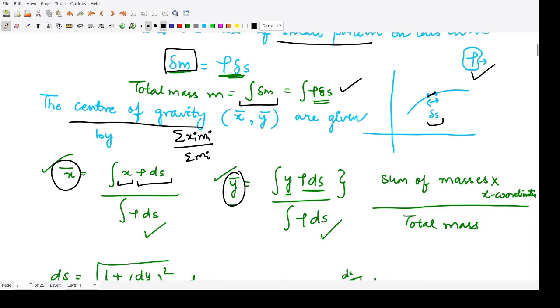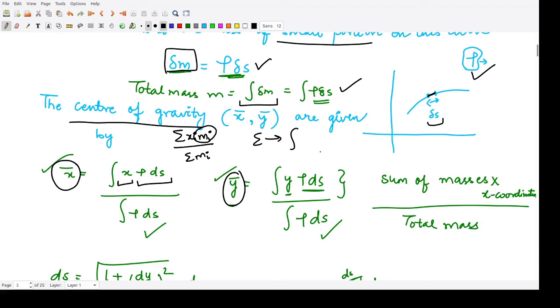Now, because we have an infinite number of points here, the summation is converted to integration, and moreover mi is now the small piece of mass, that is rho ds. So we have the integration of x rho ds divided by the total mass, the integration of rho ds, and y is again an integration.